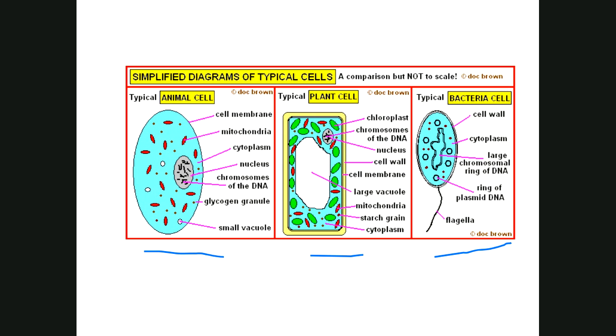This is the bacterial cell. Both of these combined are known as eukaryotic cells, but this one is known as a prokaryotic cell.